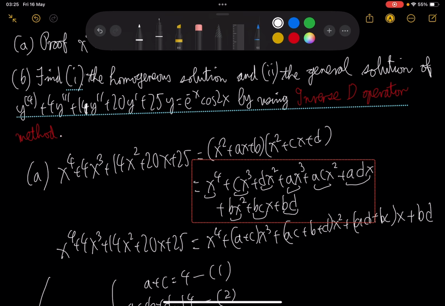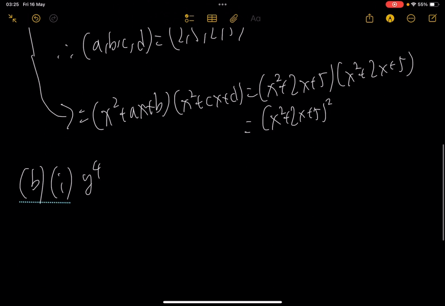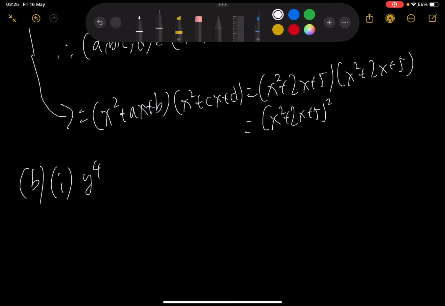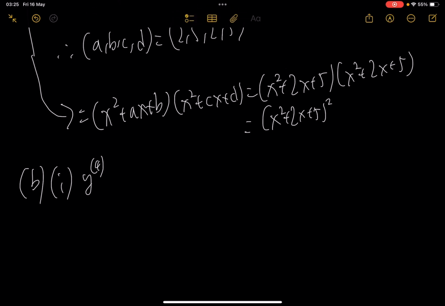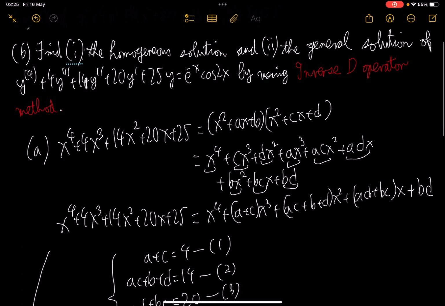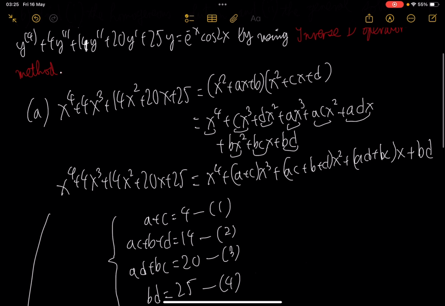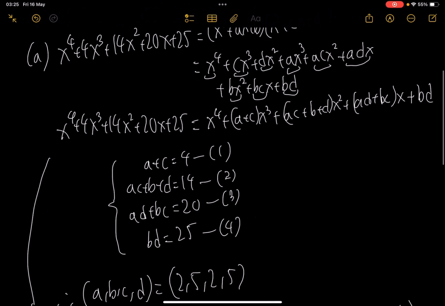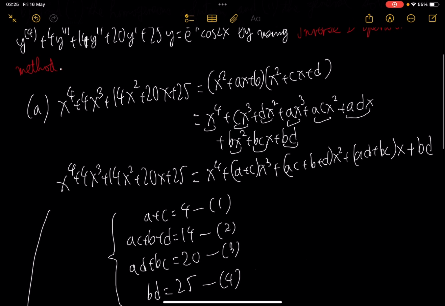First, we are going to find the homogeneous solution to this differential equation. Therefore, we are going to write down y power 4, the fourth derivative. If you don't like this symbol, you can write it as four dots, which I think is called the quartic derivative notation.